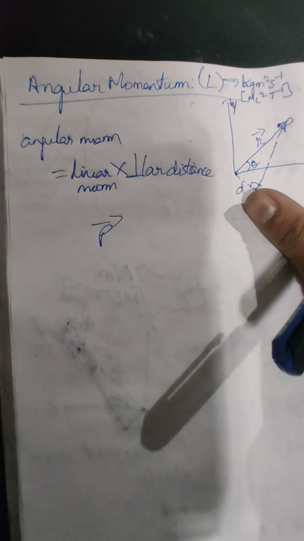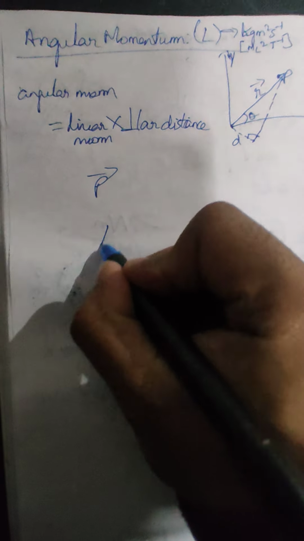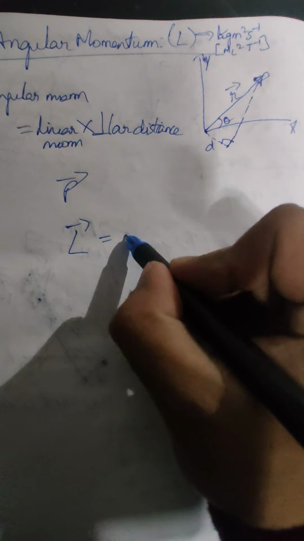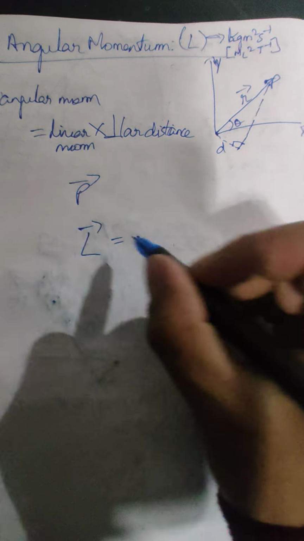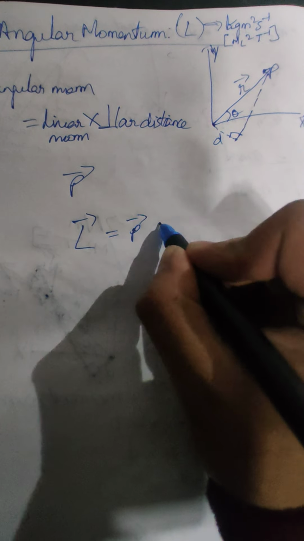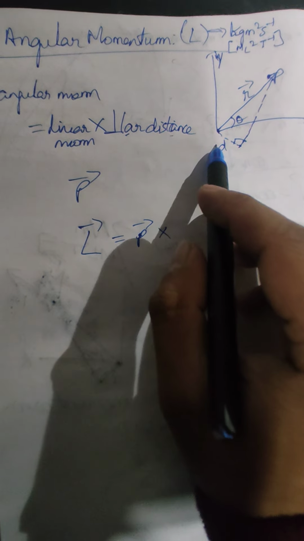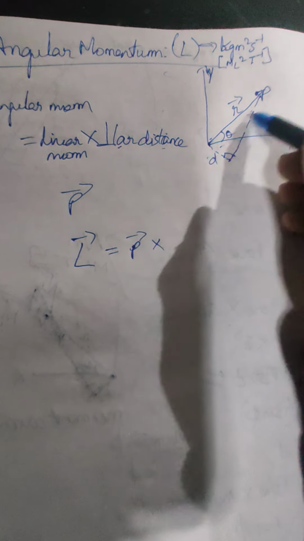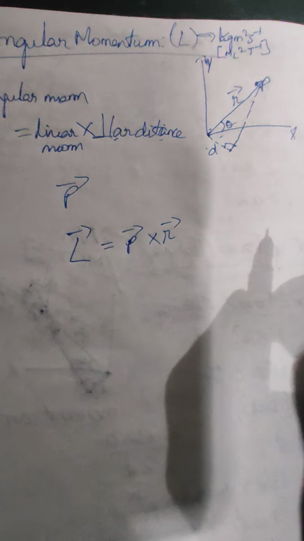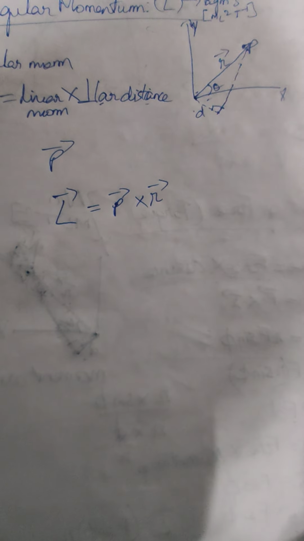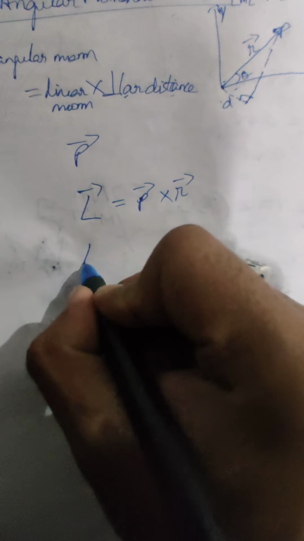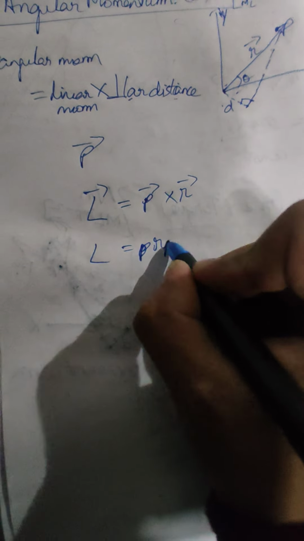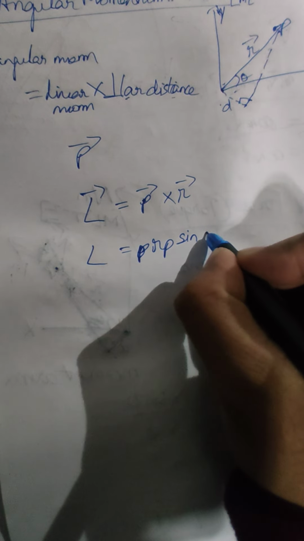From the definition, the symbol is L, right? So angular momentum is the product of linear momentum and perpendicular distance. In this case, let us take this r, the distance. So L equals r cross p. Now if you write it in terms of magnitude, removing the vector sign, we get r p sine phi.